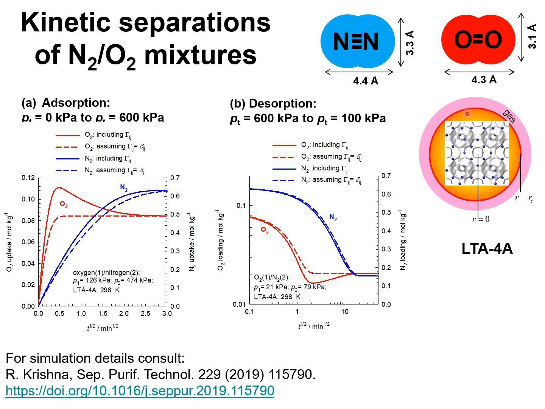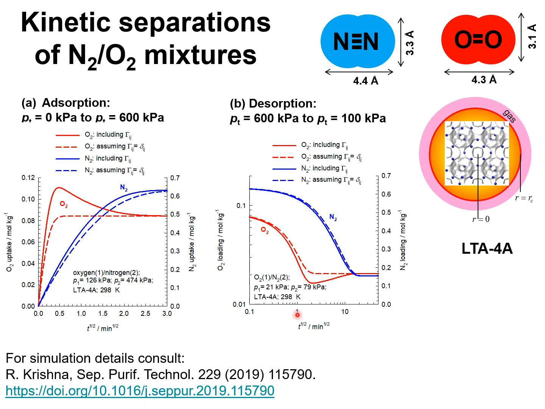However, the diffusivity of oxygen is significantly higher, by a factor of about 100 than that of nitrogen, because oxygen has a smaller cross-sectional dimension and both gas molecules jump lengthwise across the 4 angstrom windows of LTA4A zeolite.